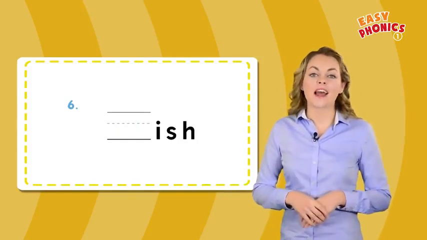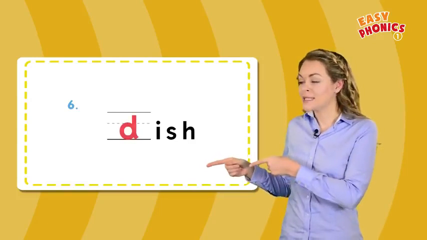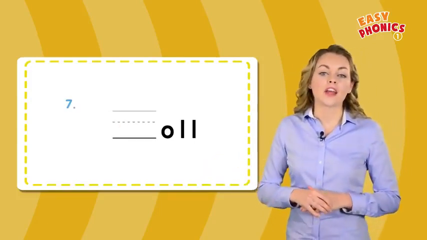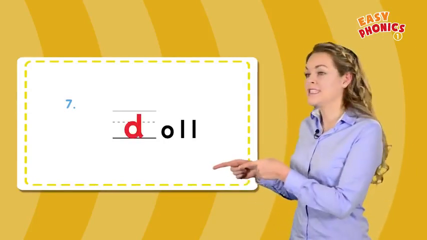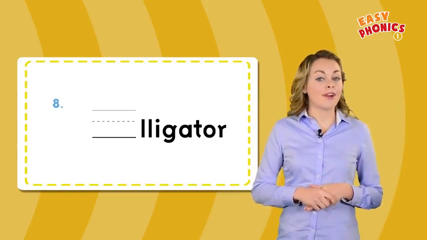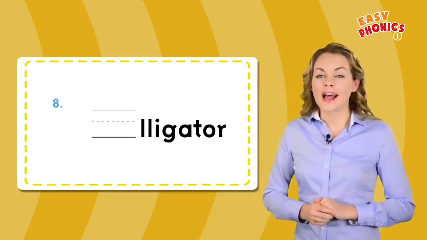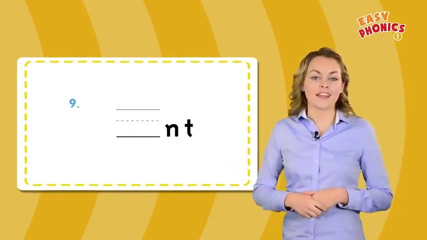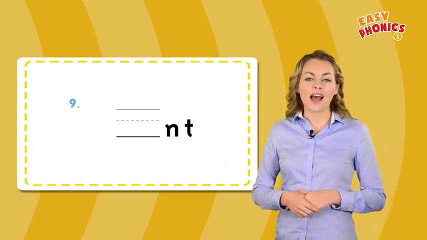Number 6, dish. Dish begins with the letter D. Number 7, doll. Doll. It's a D. Okay. Number 8, alligator. Which letter does alligator begin with? It's an A. Number 9, ant. Ant.